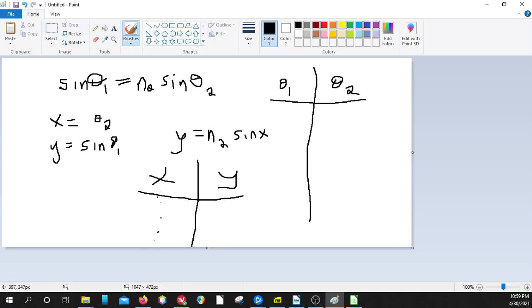But for y, instead of theta 1, we'd take sine of theta 1 and put it there, and then sine of theta 2. Once you pick your x equals and y equals, you can make a new table, but it's still not good if it's not linear, at least not for what we're doing. It's possible to do non-linear fitting, but we're not doing it.